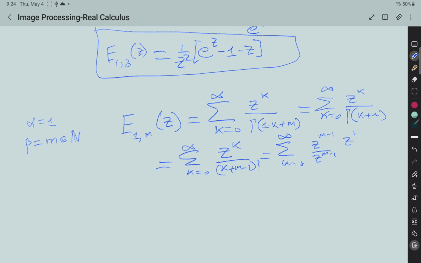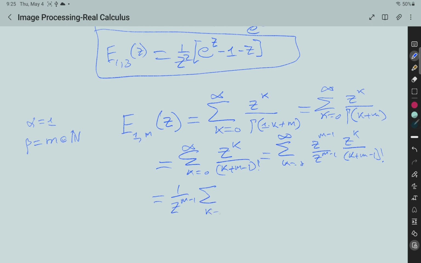So z^k divided by (k+m-1)!. All right, so I'm going to factor out the 1 over z^(m-1) outside of the sum.